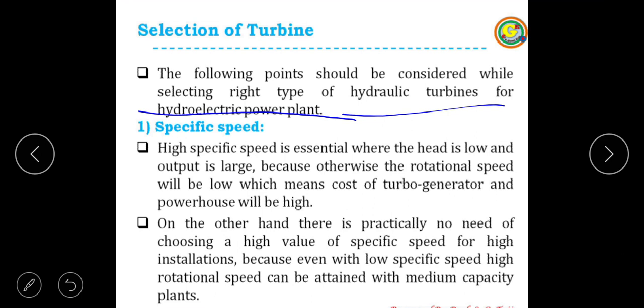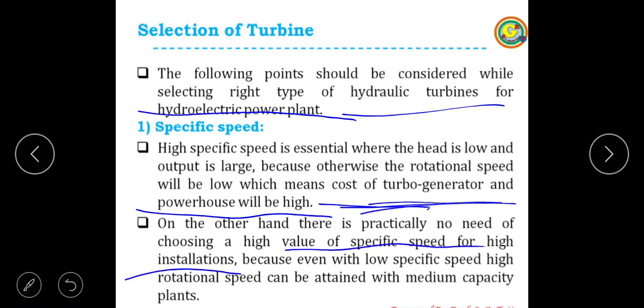High specific speed is essential where the head is low and output is large, because otherwise the rotational speed will be low, which means cost of turbo generator and powerhouse will be high. On the other hand, there is practically no need of choosing a high value of specific speed for high head installations, because even with low specific speed, high rotational speed can be attained with medium capacity plants.